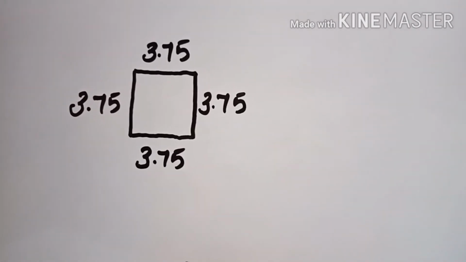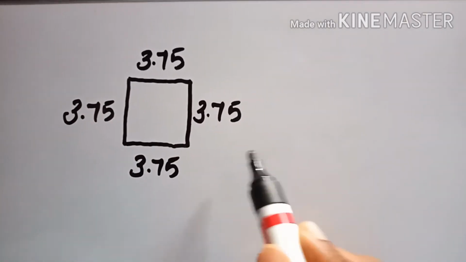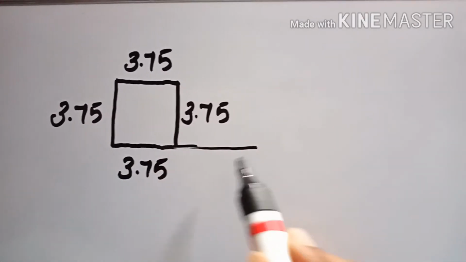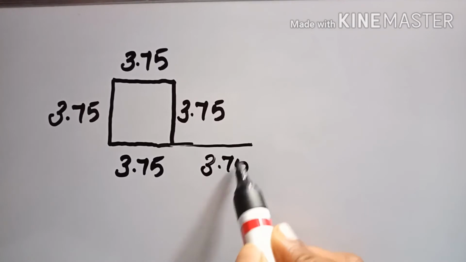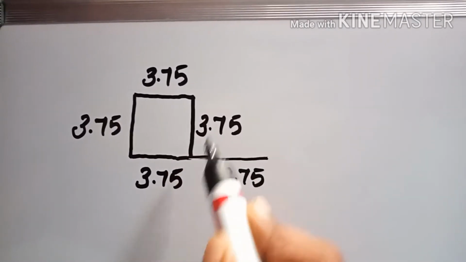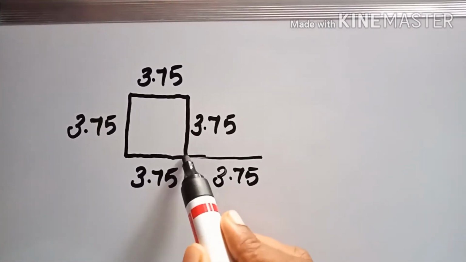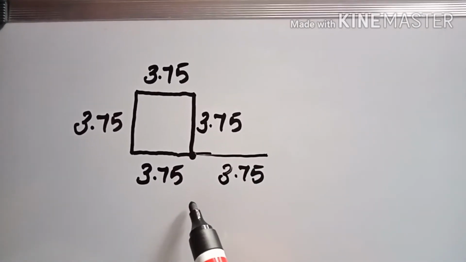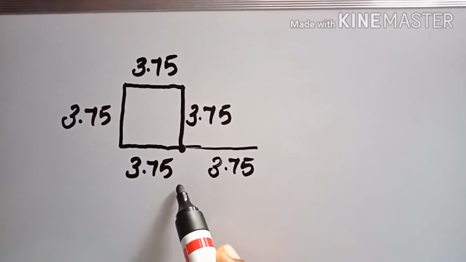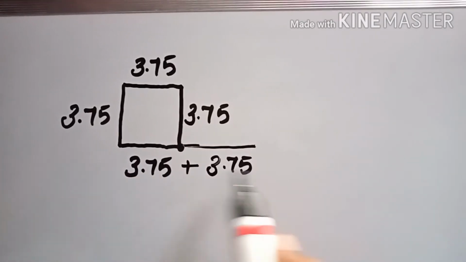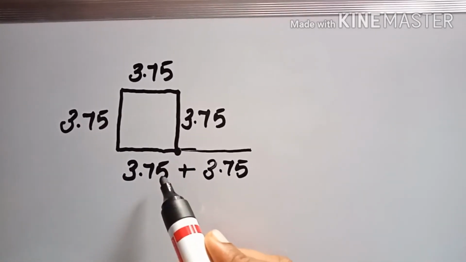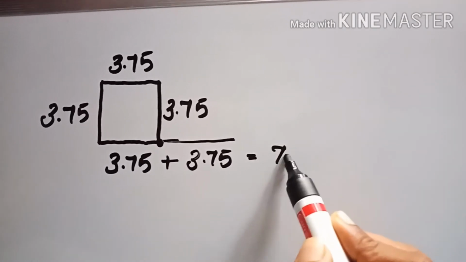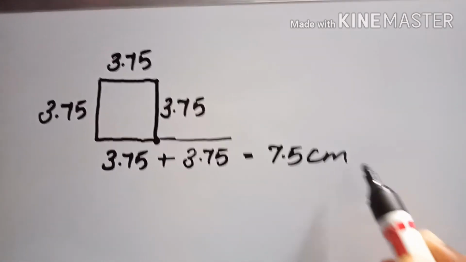That means if we extend this 3.75 centimeter to this side, 3.75 centimeter here also, by drawing the perpendicular bisector, we will get this point, half of this. So in order to get 3.75 centimeter, what will be the total measurement? 3.75 plus 3.75 will be equal to 7.5 centimeter.